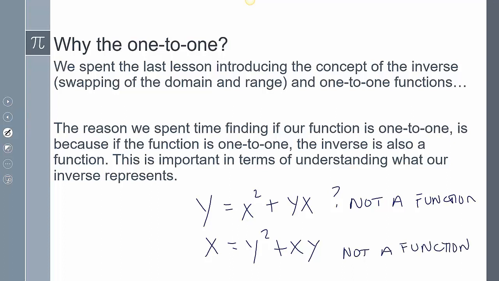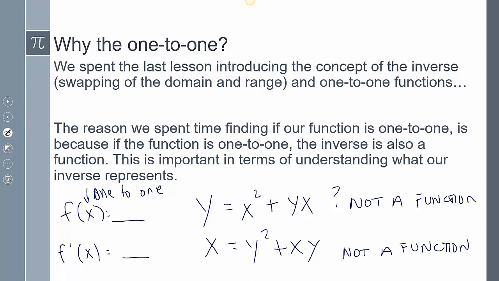Now, with our functions, if I know that I have some sort of function and it equals some sort of value, if this function here is one-to-one, that means that my inverse, is a function.